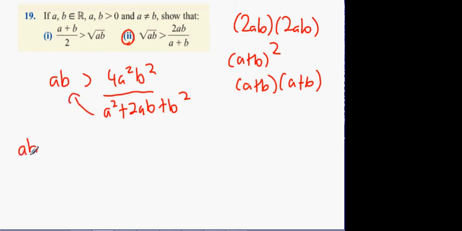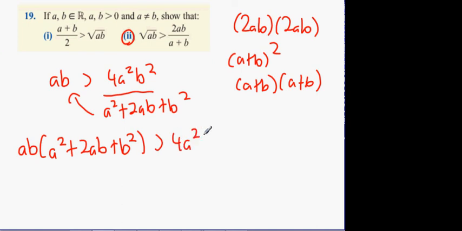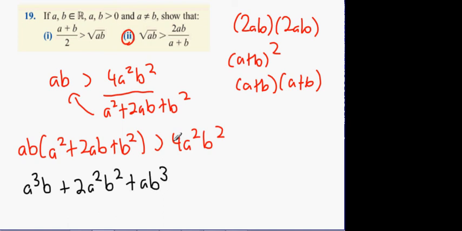So we're going to get ab, brackets, a squared plus 2ab plus b squared, greater than or equal to 4a squared b squared. Let's multiply these out. ab is going to be a cubed b plus 2a squared b squared, and that's going to be ab cubed. I'm going to bring this over the other side: minus 4a squared b squared.